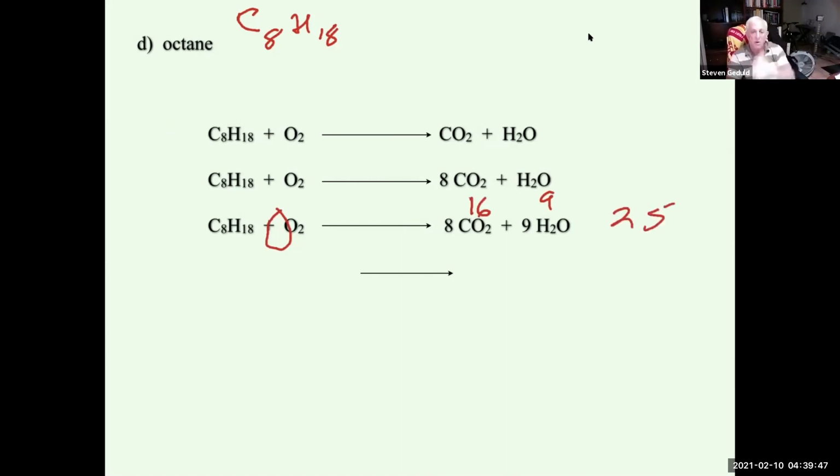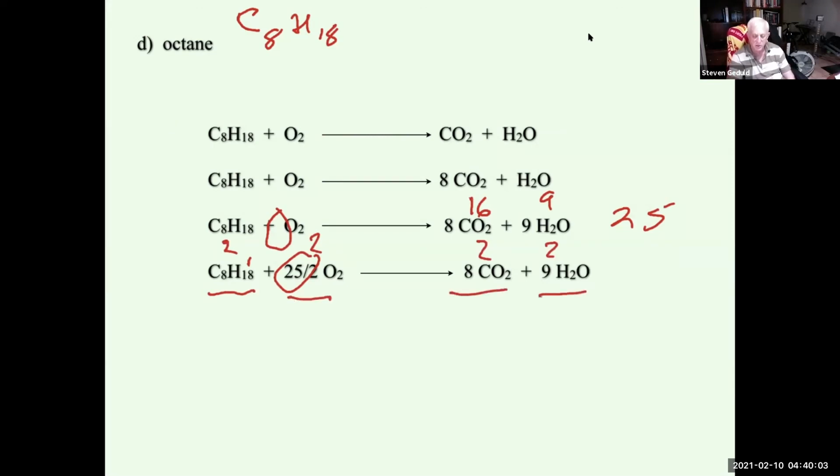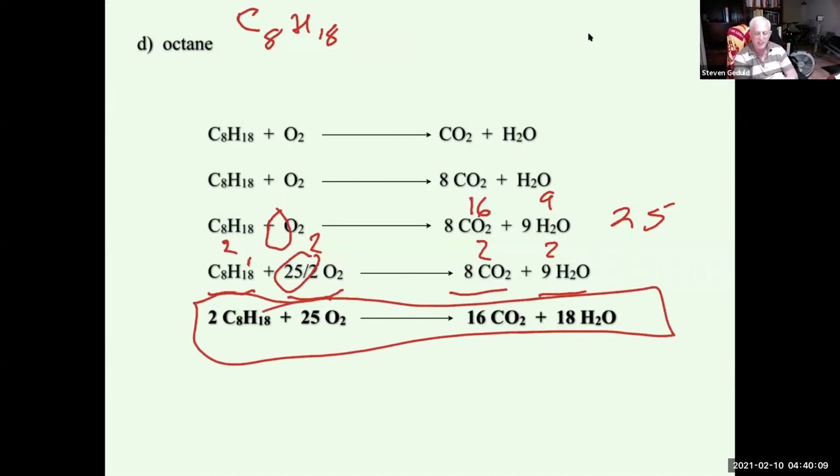I put 25/2 because that's an odd number, then multiply by 2 to get rid of that fraction. So this gets a 2, this gets a 2, this gets a 2, and this gets a 2. You have 2 octanes plus 25 O2 go to 16 CO2s and 18 H2Os. Here's your balanced chemical equation for the complete combustion of octane.